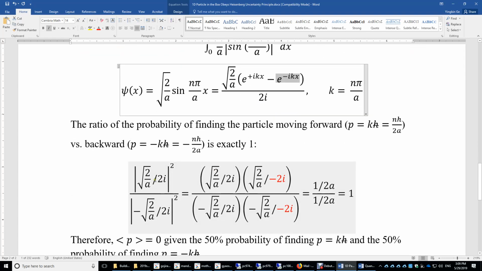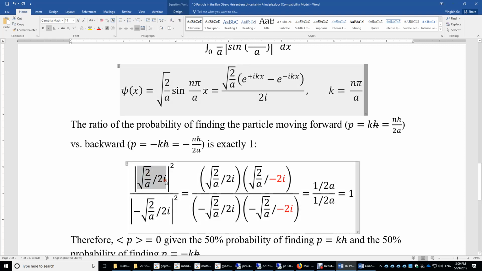How do we evaluate the squared modulus of a complex number? It's very simple. The squared modulus of a complex number is that complex number multiplied by the complex conjugate of that number. How do we get the complex conjugate? We simply replace every single i with negative i.